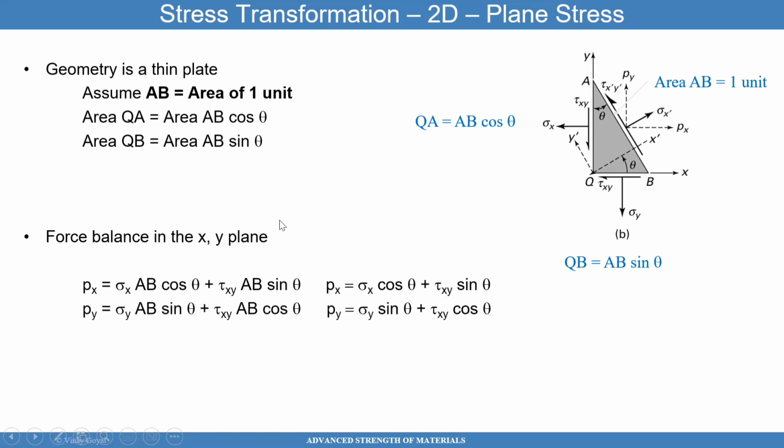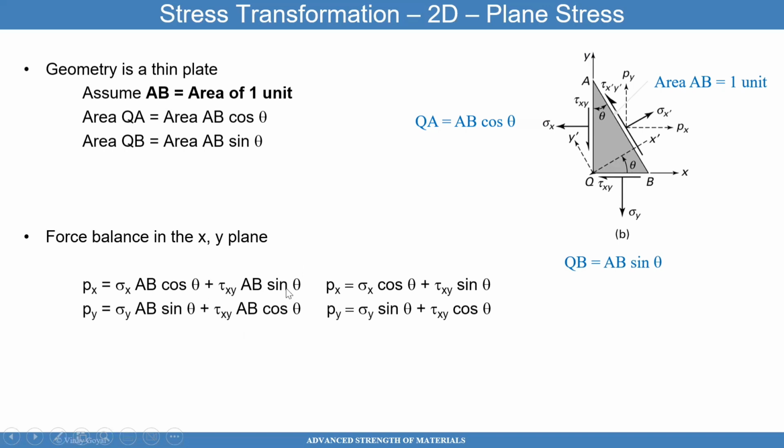Sigma XX times this area here, which is AB cosine theta, gives the total force going to the left, plus the total force going to the left of tau XY times the area QB, which is AB sine theta. That's what I have here.